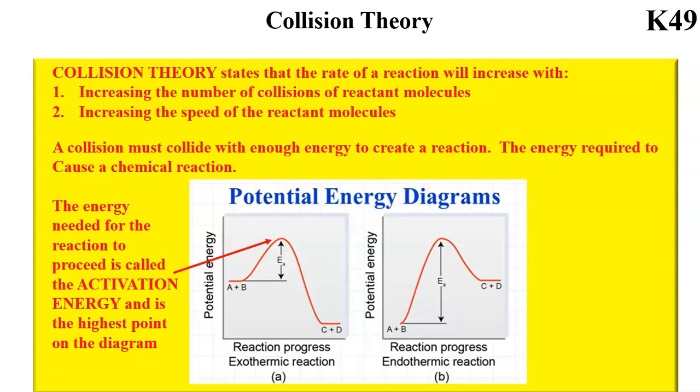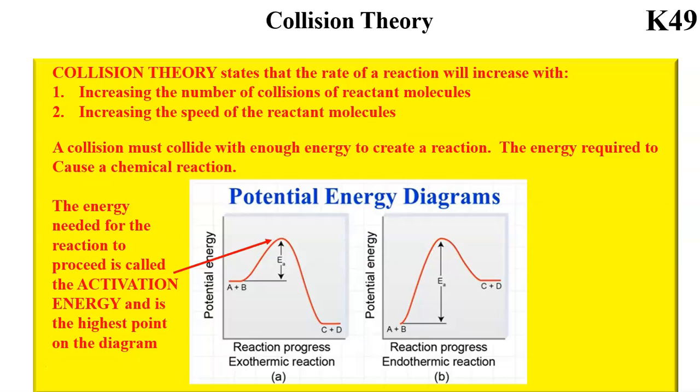On the right, the graph shows A and B. It has to go up to get over that hill, and then it comes down to C and D, but it ends up at an energy level for C and D that's higher than A and B. That's an endothermic reaction. That means the difference between where C and D is and where A and B is the amount of heat that had to go into the reaction, and that would be an endothermic reaction.